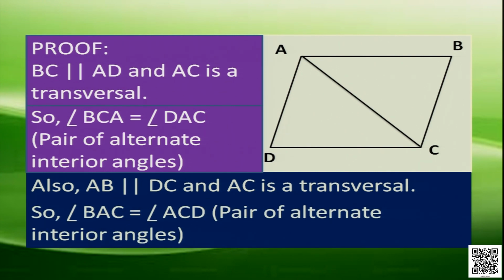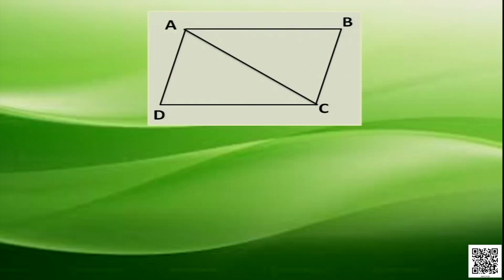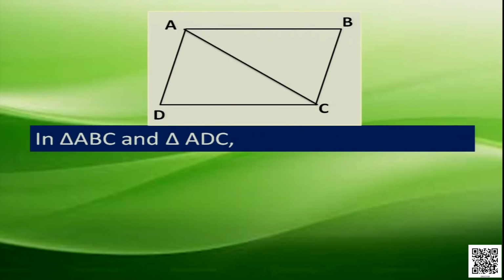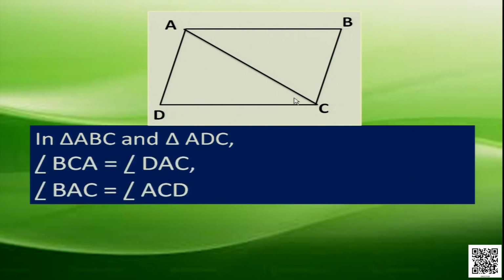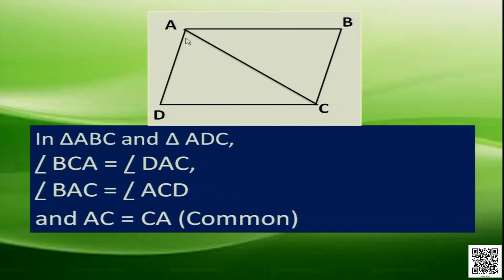Now, you see we have to prove the congruency. So, let us take the triangles ABC and ADC. In these two triangles, we have angle BCA equal to DAC and angle BAC equal to angle ACD, and AC is common to both of them.